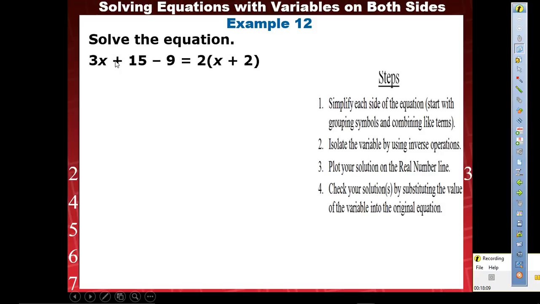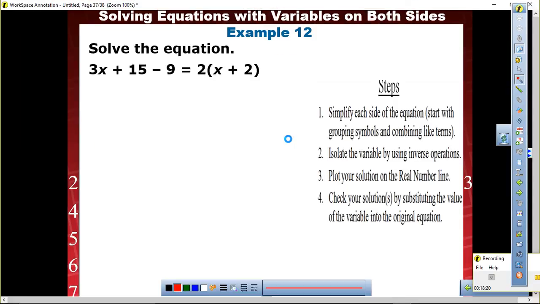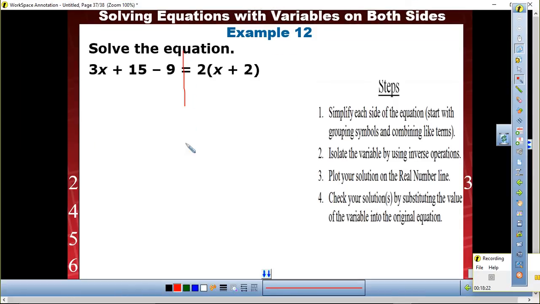We got 3x plus 15 minus 9 equals 2 parentheses x plus 2. Now, by now, you should be able to do these by yourself if you follow the 4 steps. It says here, simplify each side first, and then do the next step, which is getting all variables to one side, yes?